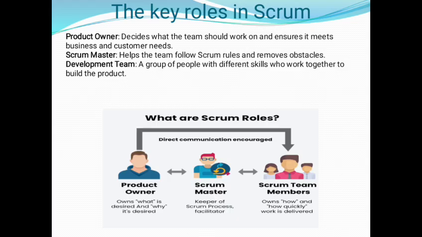The product owner decides what the team should work on and ensures it meets business and customer needs. The Scrum master helps the team follow Scrum rules and removes obstacles. The development team is a group of people with different skills who work together to build the product. Let's discuss them one by one.